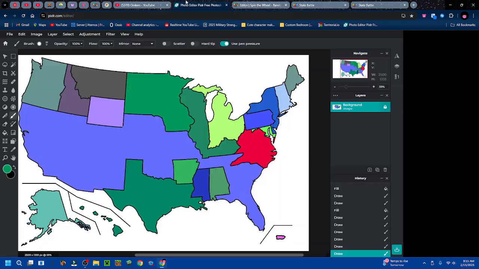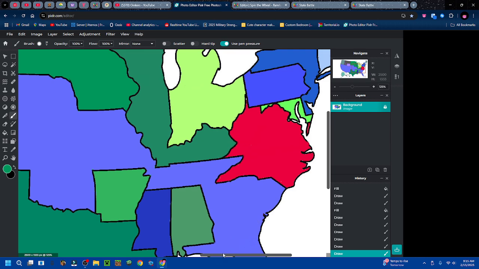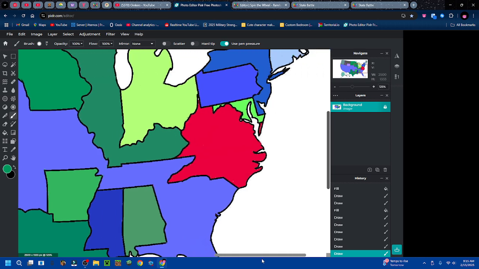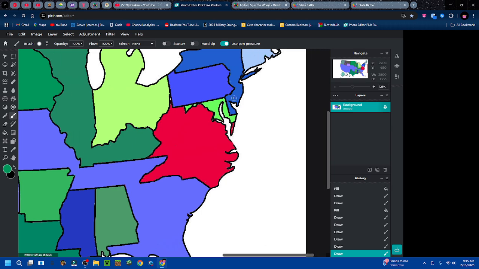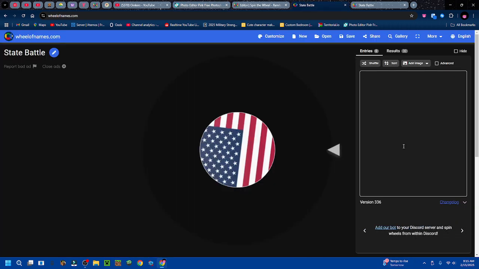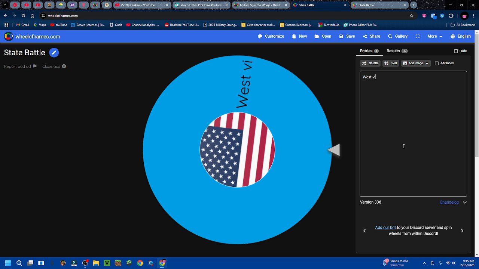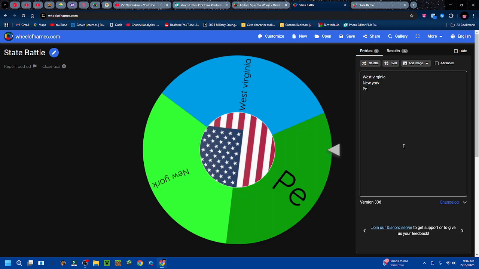Who does DC border? They border West Virginia, and they border Pennsylvania and New York. And then they border New York. New Jersey got defeated, but Pennsylvania, right?